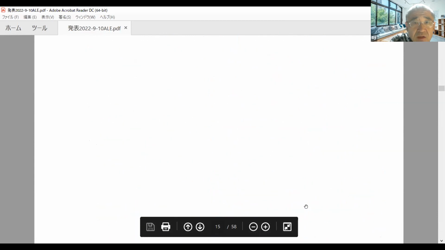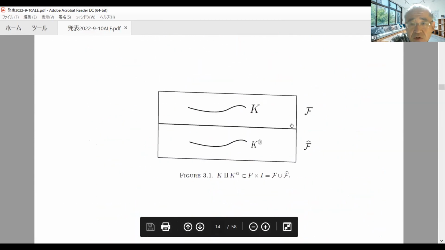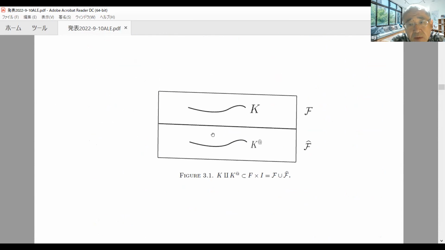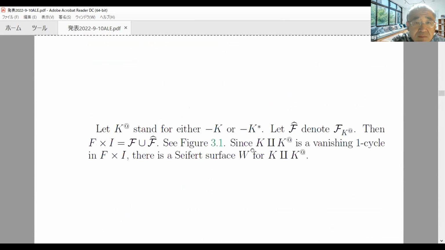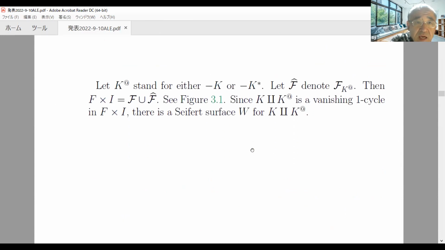Imagine this figure: F cross I, and K in F cross I, and take minus K or minus K star. The K-hat stands for either minus K or minus K star.